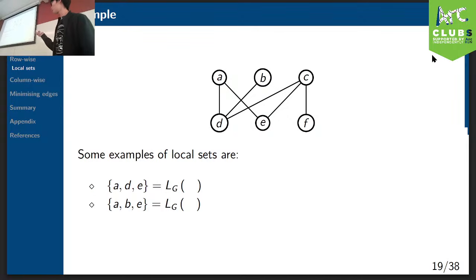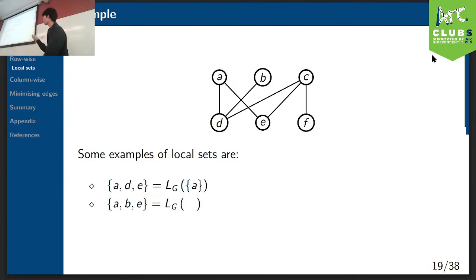The first set is a local set because, as before, we know the closed neighborhood of A is A, D, and E. So if we simply input to this function A, the set with the element A, then the closed neighborhood of that is going to be A, D, and E. By doing that, we can simply show that the set A, D, and E is a local set.